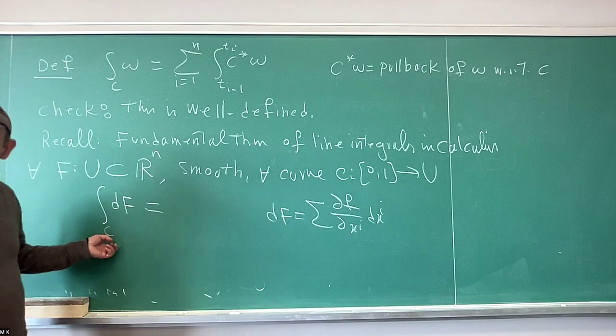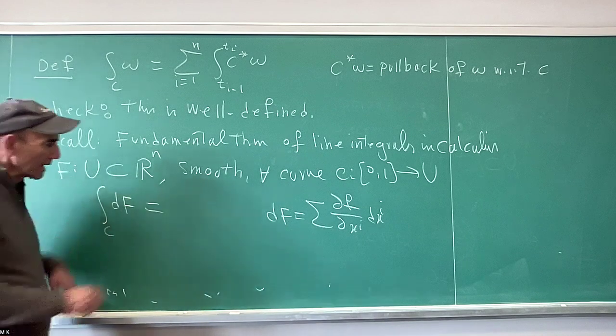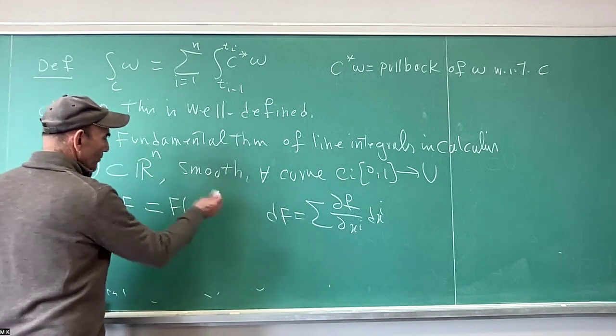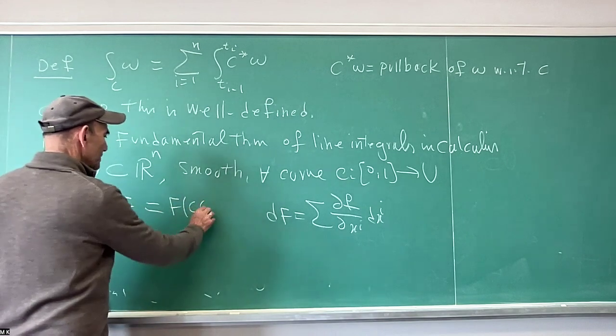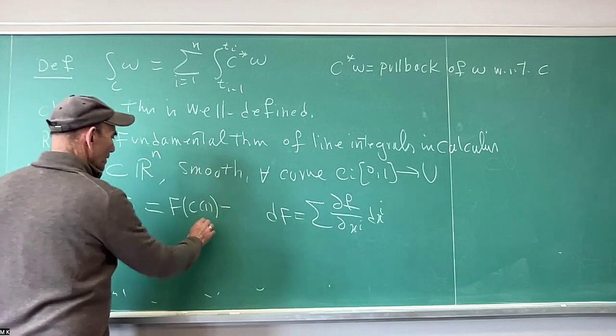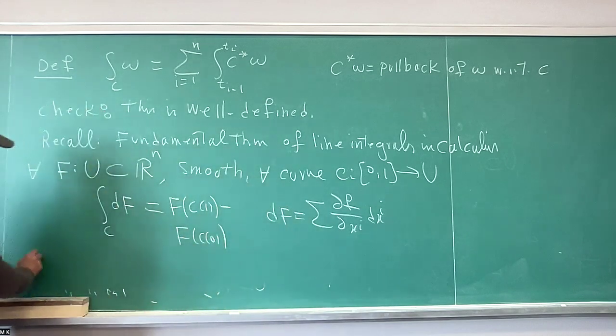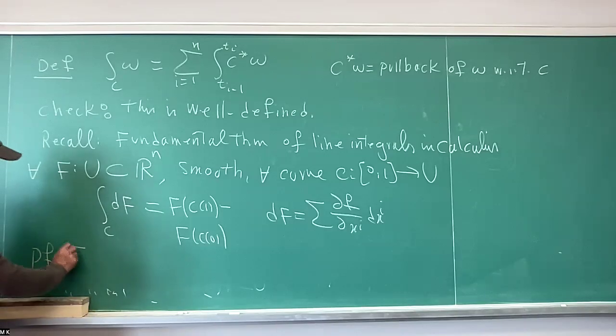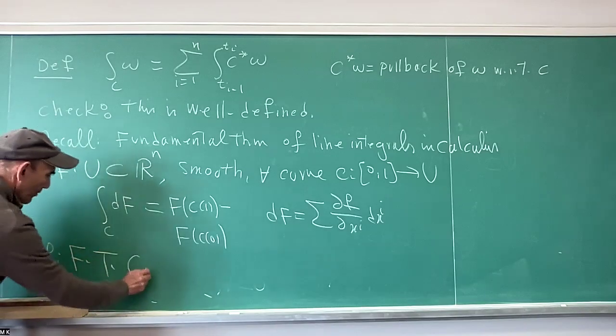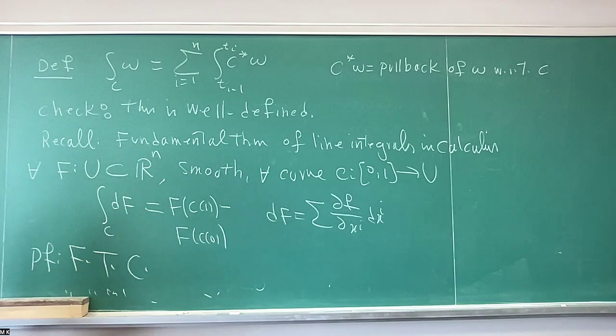F of the terminal minus f of the initial. Exactly. F of the endpoints subtracted. So this is basically f of c of 1 minus f of c of 0. The proof is the fundamental theorem of calculus. It's calculus 101.